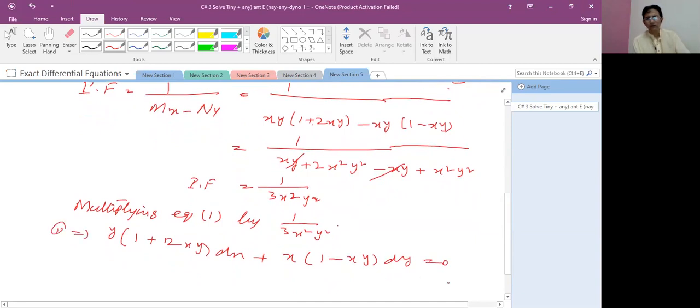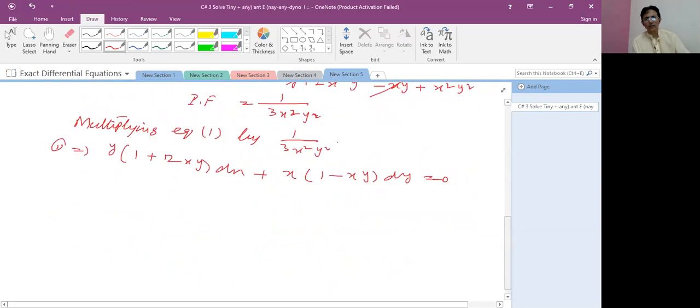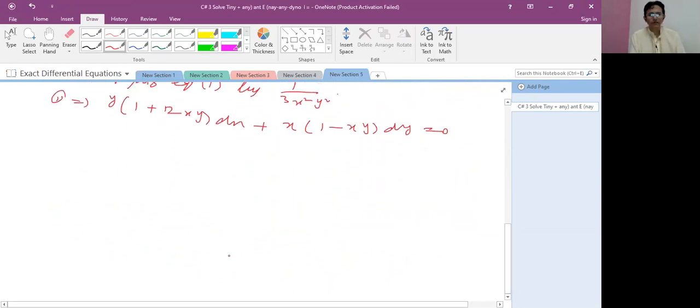When we multiply by 1 upon 3x square y square, it means, student, 1 upon 3x square, y upon y, so it means 1 upon 3x square y plus 2xy upon 3x square y.